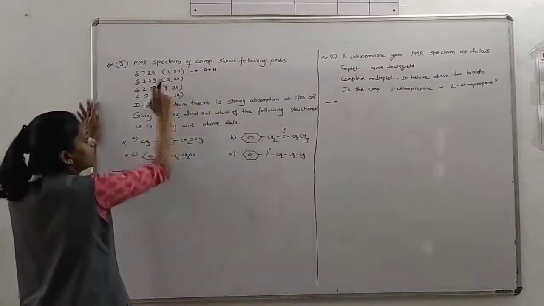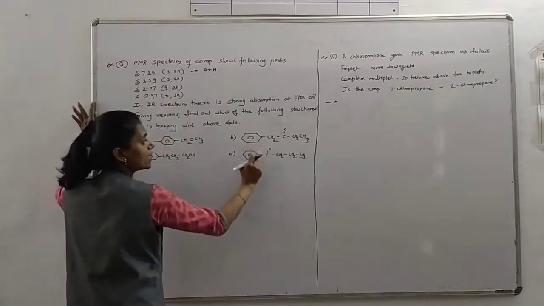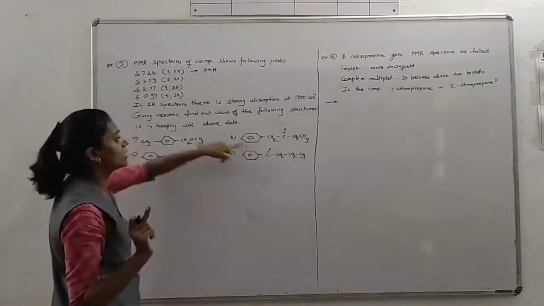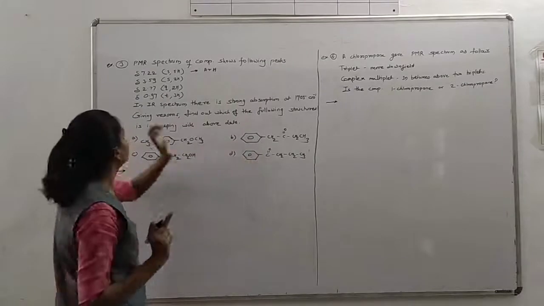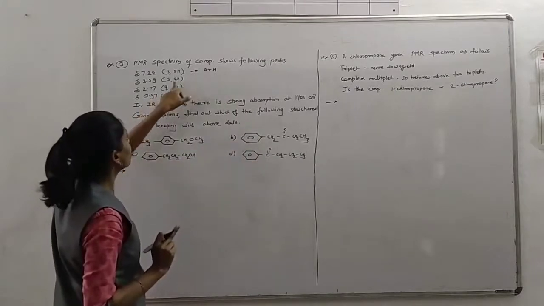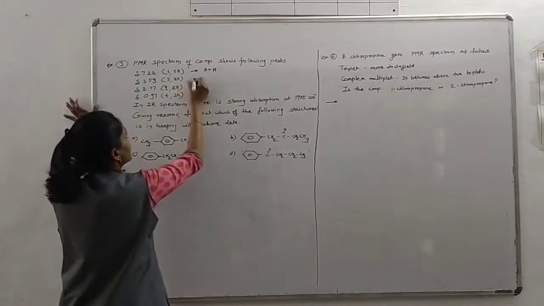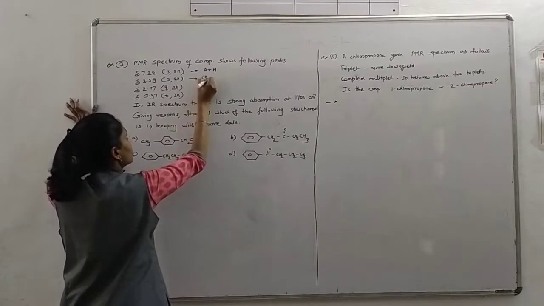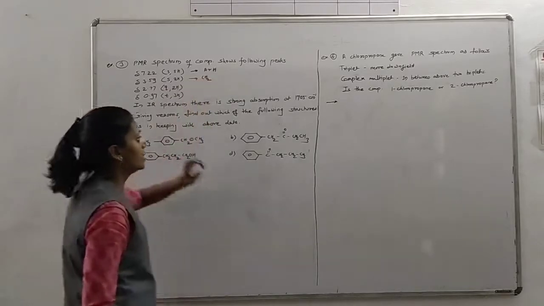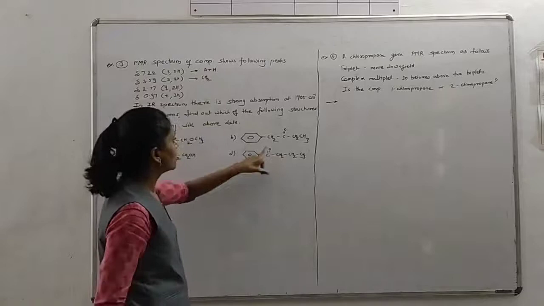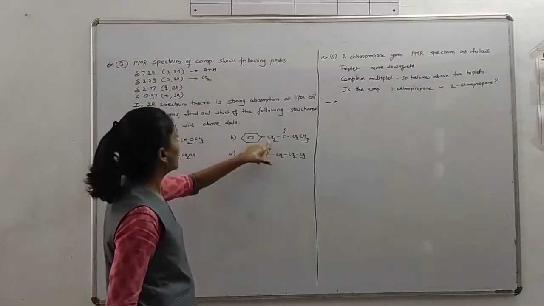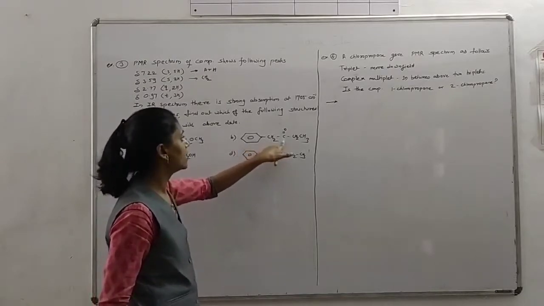Next, 2 protons give a singlet here, which means the presence of a CH2 group, and it gives a singlet.